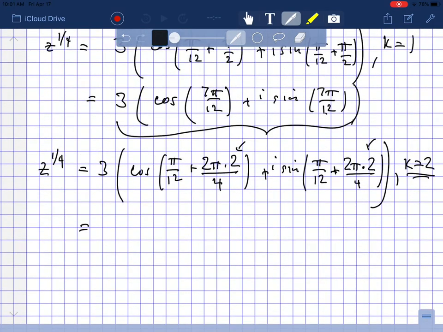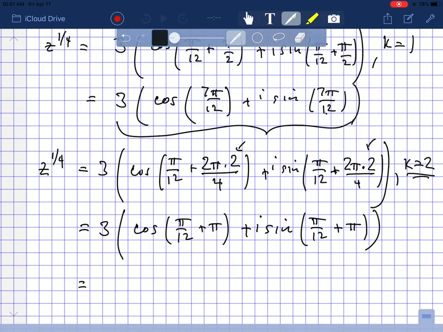to 2. And so this is equal to 3 times the cosine of pi over 12 plus pi plus i times the sine of pi over 12 plus pi, which we can write as 3 times the cosine of 13 pi over 12 plus i times the sine of 13 pi divided by 12.